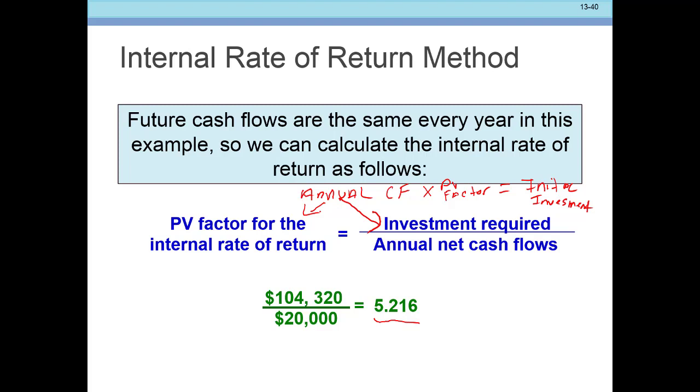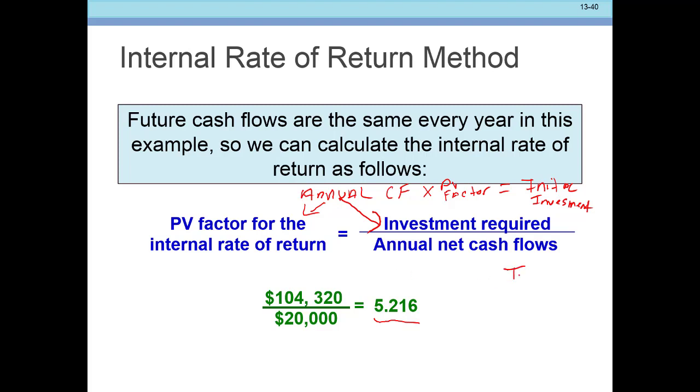Tell me again, Felicity. Then all I did at that point was I just did the algebra. I simply divided each side by the annual cash flows. If I divide each side by the annual cash flows, I'm just going to write it, but it's going to be kind of silly after I do it.